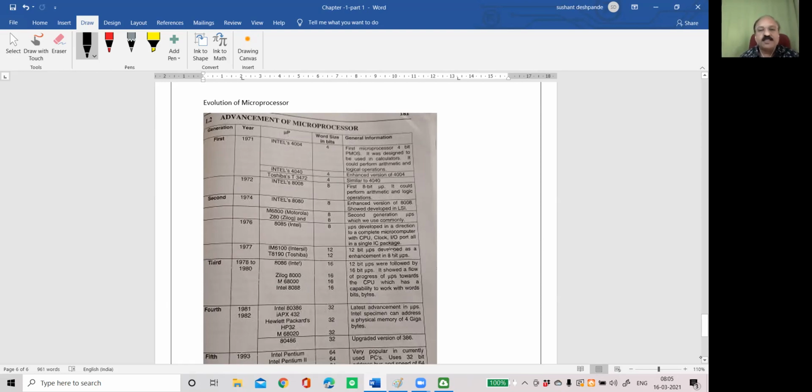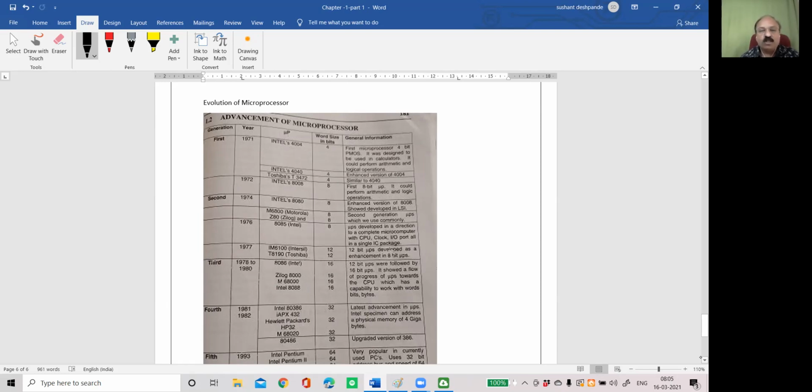The second generation was discovered in 1974 by Intel, which is Intel's 8080, and its size was 8 bits. That is, here it was 4-bit, now it is 8-bit.